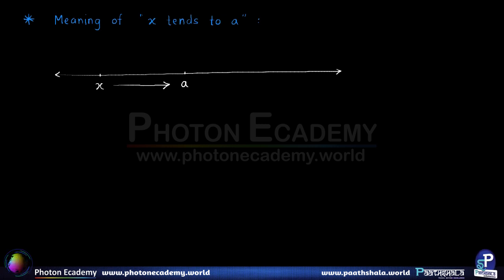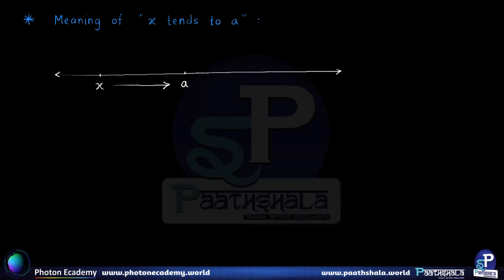Now as we can easily observe, when we say that x tends to a, x itself can be either less than a or greater than a. What we have shown here is x less than a, but similarly x can be bigger than a also and still come closer to a.